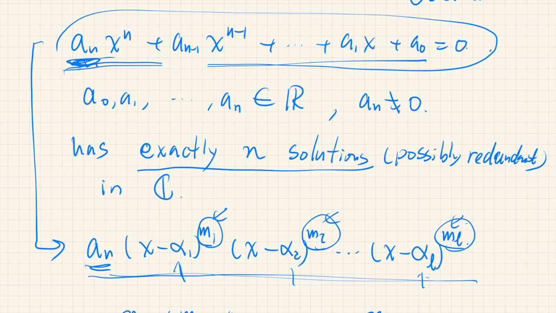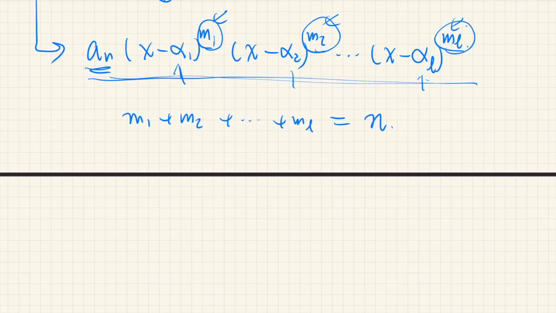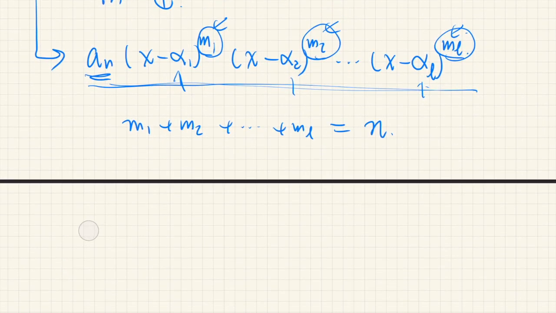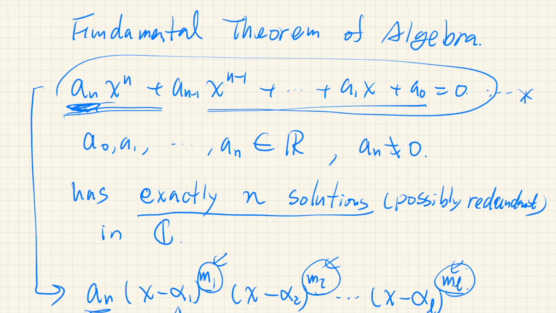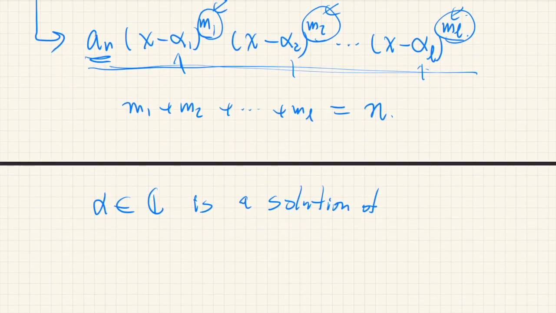By the way, here's a little quiz for you. If alpha, a complex number, is a solution of this equation, then its complex conjugate is also a solution.